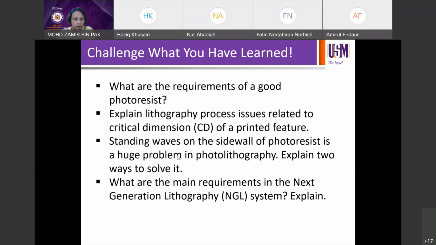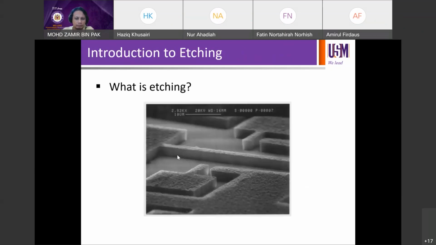So let's continue with etching. We have discussed briefly about removing materials, and then we're going to see later on how we remove the silicon or the oxide, for example. Okay, we discussed patterning of oxide.